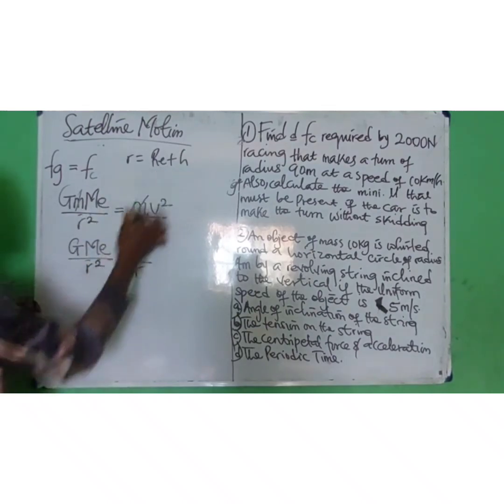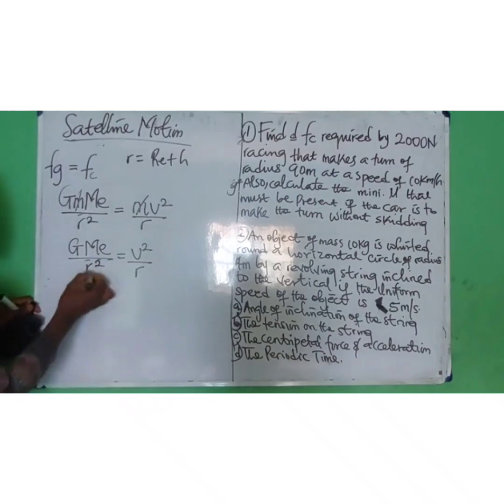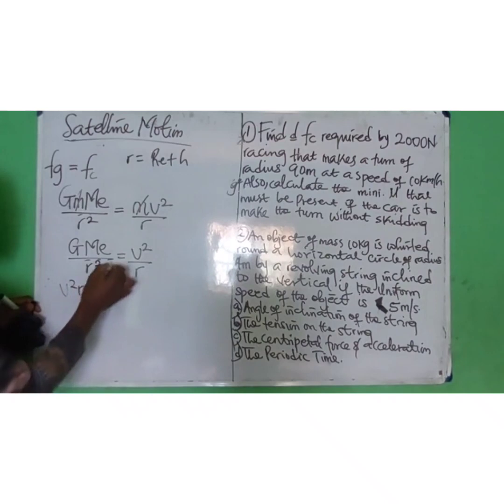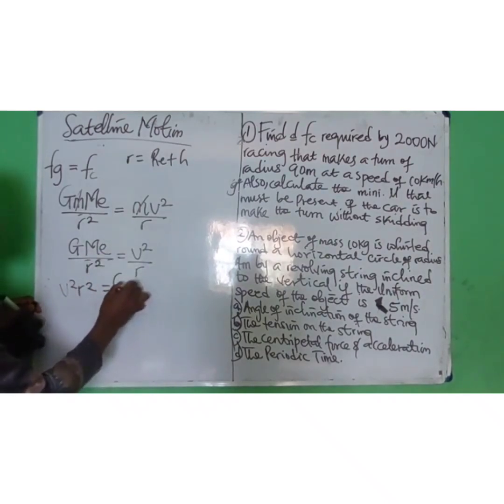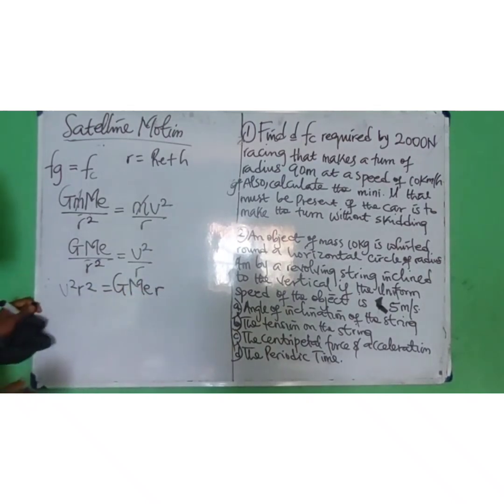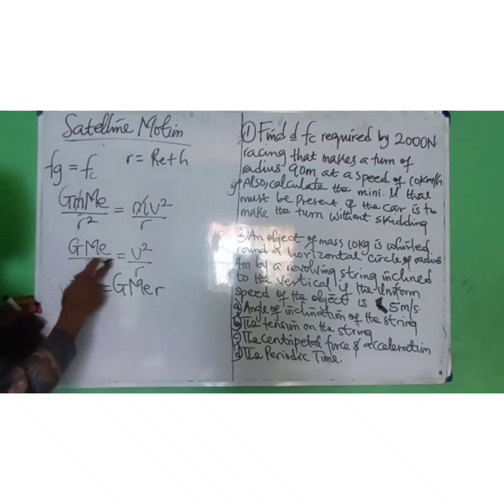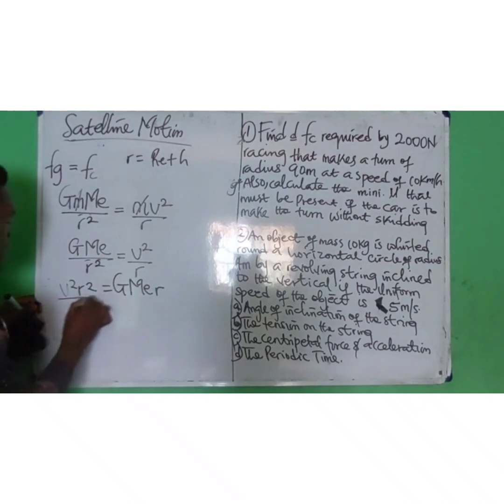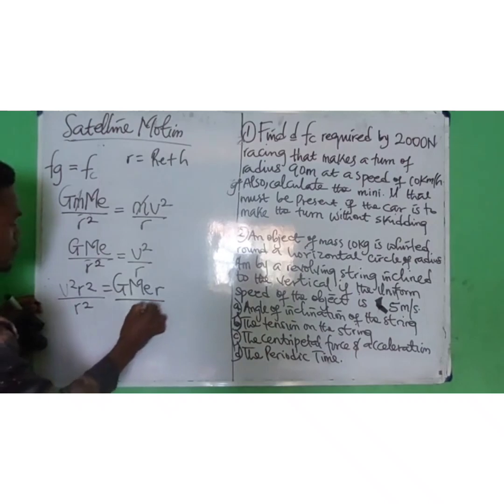But before I input this, let me simplify this further. I'll have v squared R squared, because I want to cross multiply, equals G M E R. If I'm having G M E R, what do I do next? We have to make v the subject of the formula. In doing that, I'll divide by R squared.